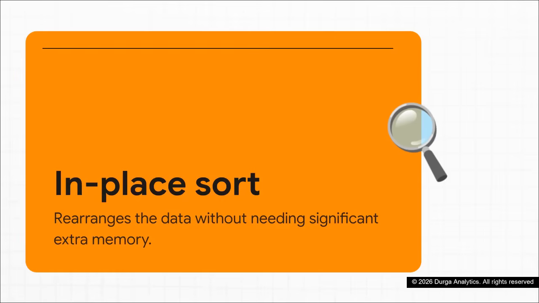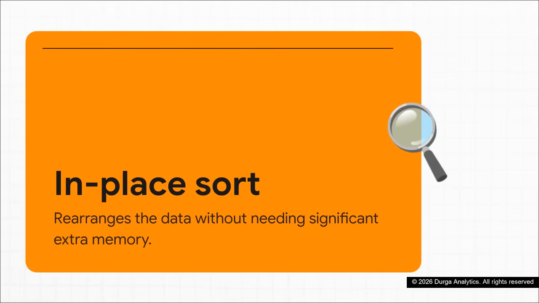The second major constraint is memory. An in-place sort rearranges your data without needing any significant extra memory. So if you are programming embedded systems, dealing with massively huge datasets, or just operating under really strict memory limits, an in-place algorithm like quicksort becomes totally essential.